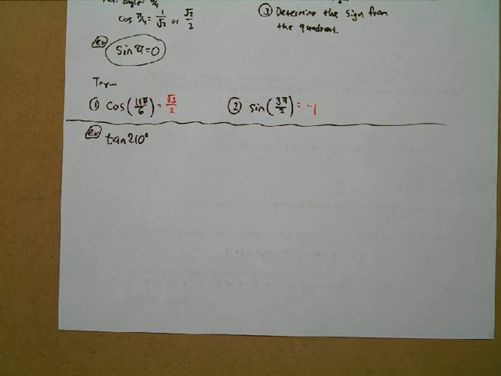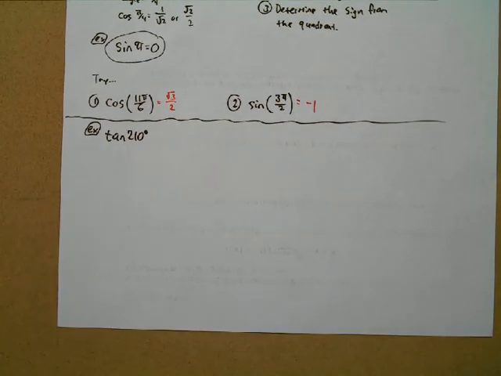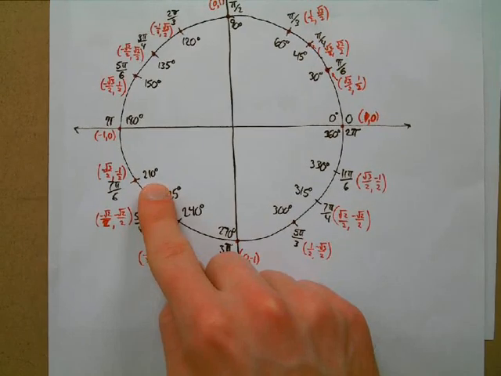How far is it? 30 degrees, right? So the 210 is 30 degrees away from 180. Yes, it is 30 degrees off of the x-axis. 210 is 30 degrees, or pi over 6, from the x-axis.